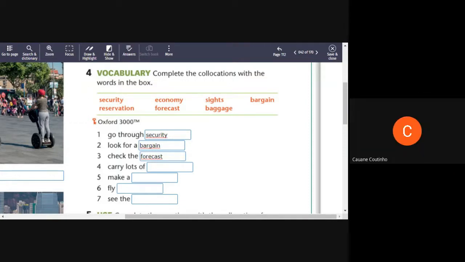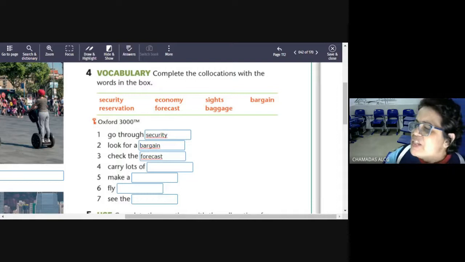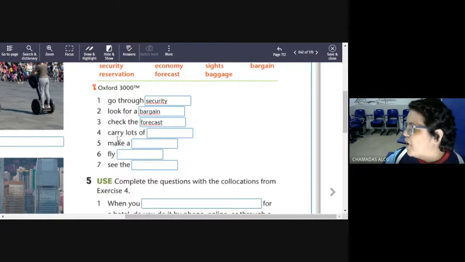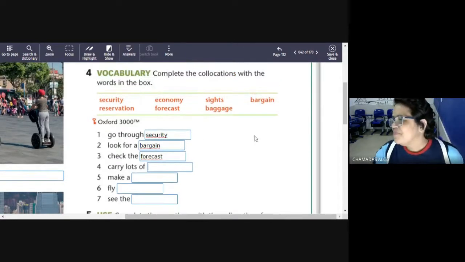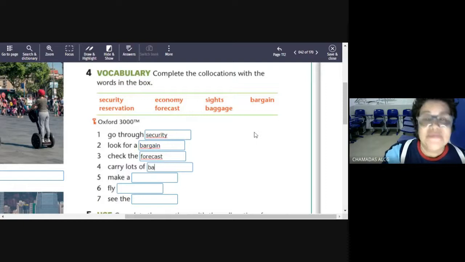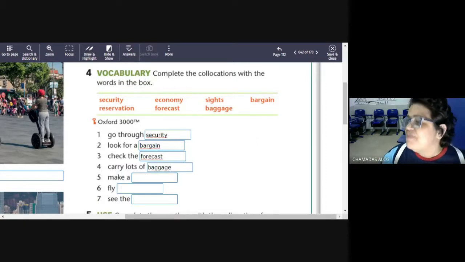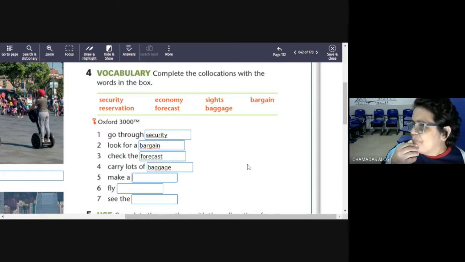Right, I understand. All right. So what can you carry? Number 4, carry lots of baggage. Some people carry lots of baggage. What can we make?